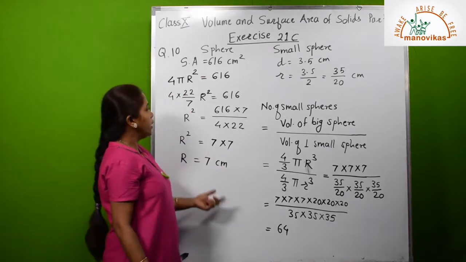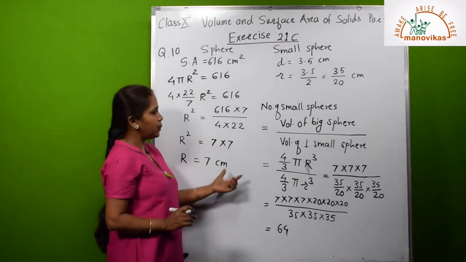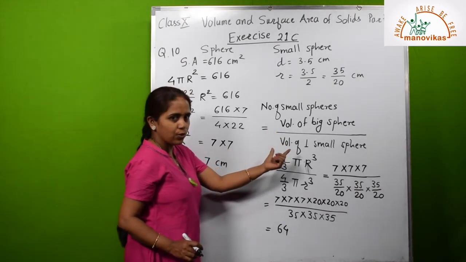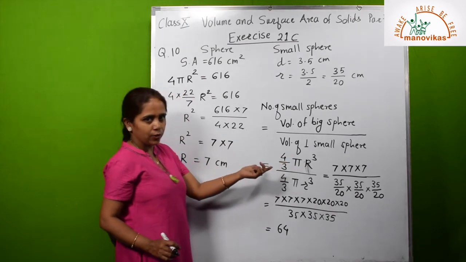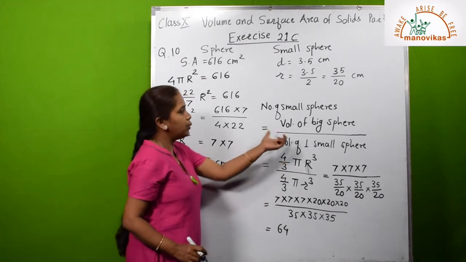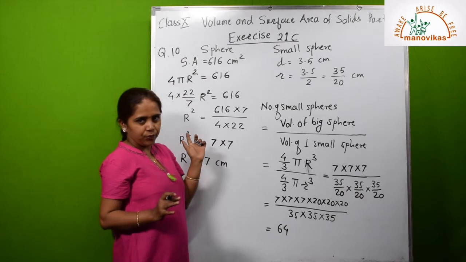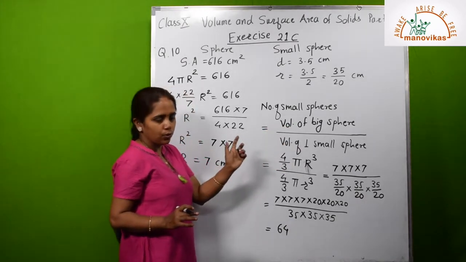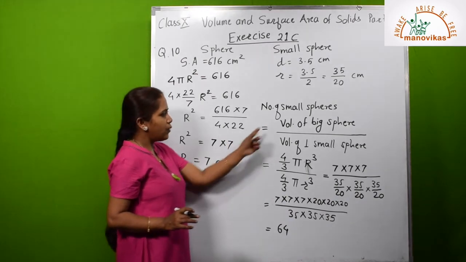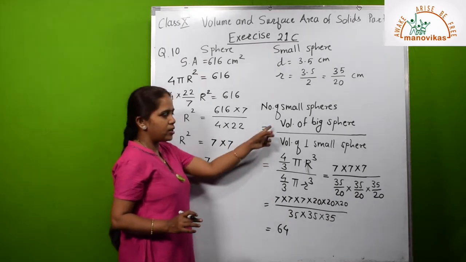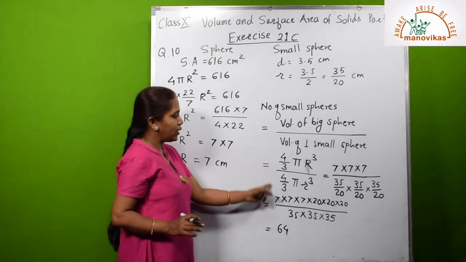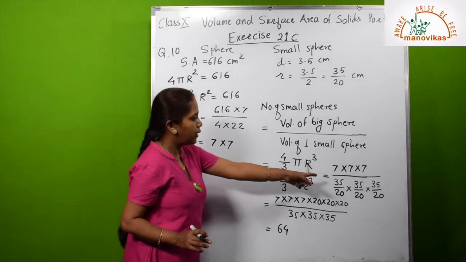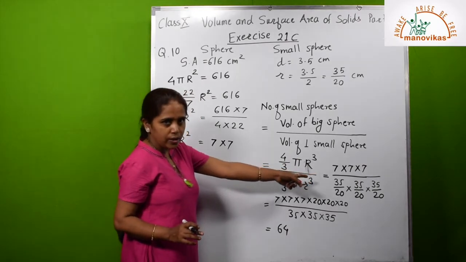Understood? So here one more thing I want to explain. Here the volume of the big sphere and the volume of one small sphere we have to calculate. In that case, don't do the calculation separately and then substitute the values here. Don't use that method, since when dividing these two values, you can cancel the common terms and make the calculation easy.